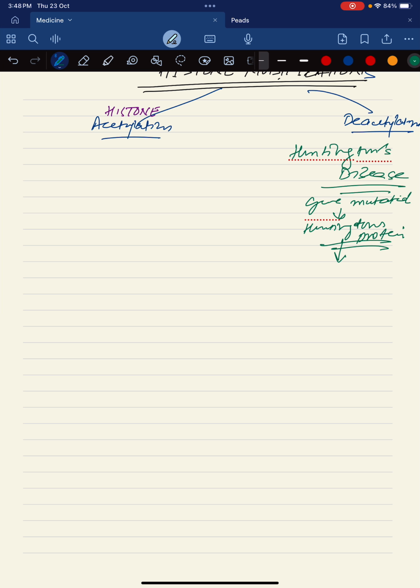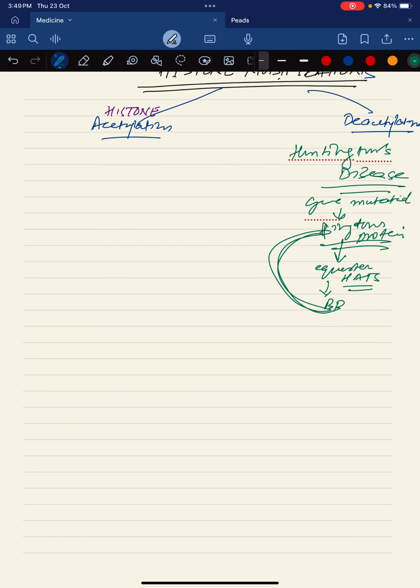How it forms that: it sequesters, it collects all the histone acetylases that we discussed in the process to form the CBP, which is the binding protein, right? And this binding protein is going to bind to the protein to ultimately result in preventing the histone acetylation, right? And gene silencing.